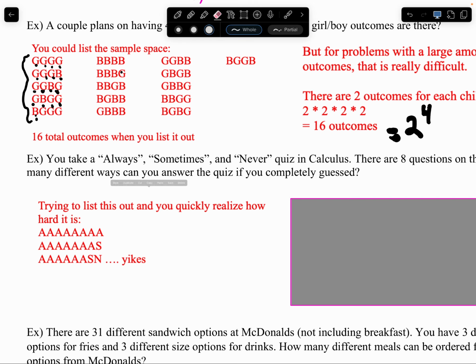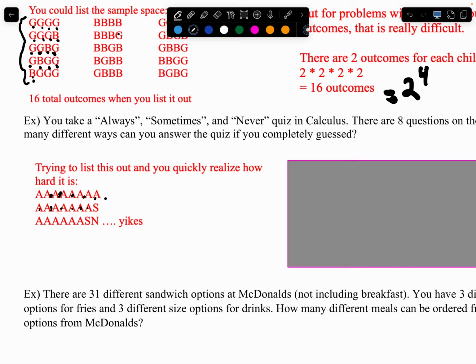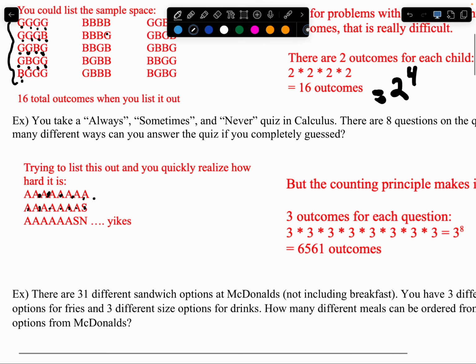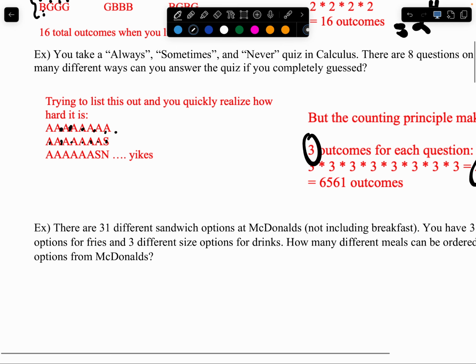You could list them all out, but you'd realize this is getting way too big, because all of them could be always, always, always, always, always, always, always, always for the 8 answers, and then always, always, always, always, always, always, always, sometimes. There are going to be way too many. So you would use the fundamental counting principle: there are 3 possible outcomes, always, sometimes, never, for each question, and there are 8 different questions. So 3 to the power 8 is how you'd count the total number of outcomes.